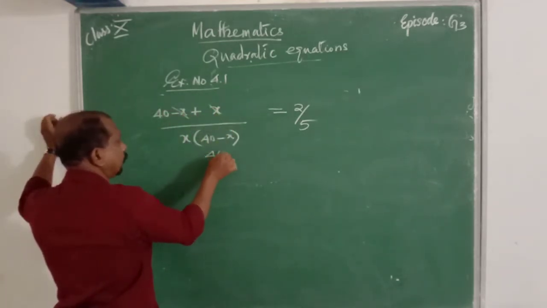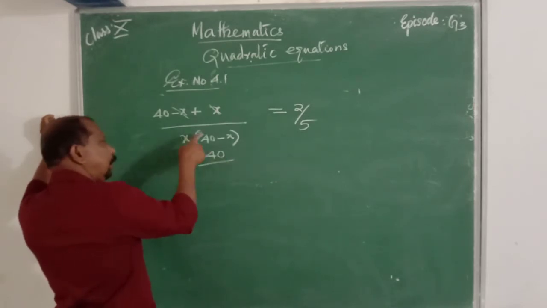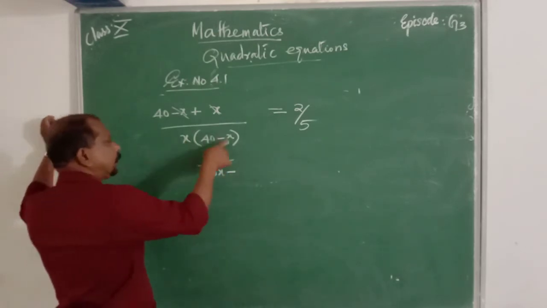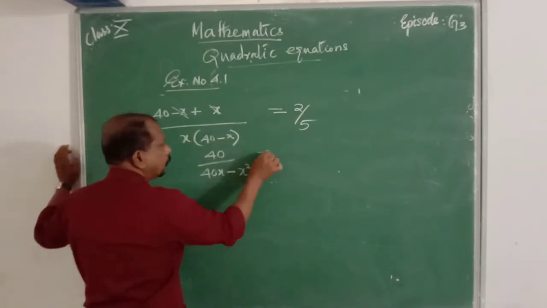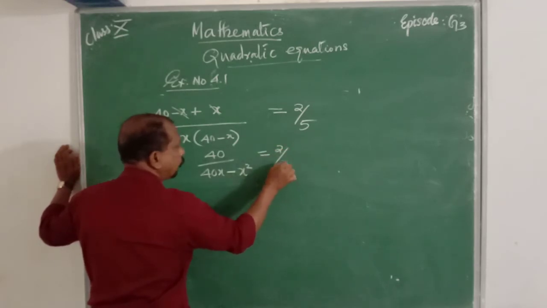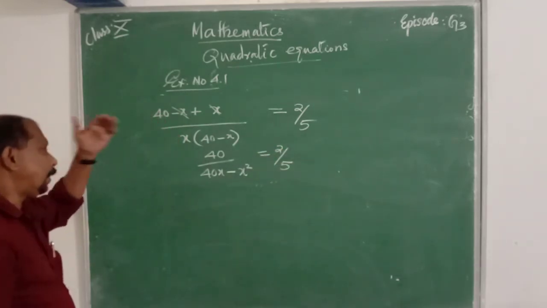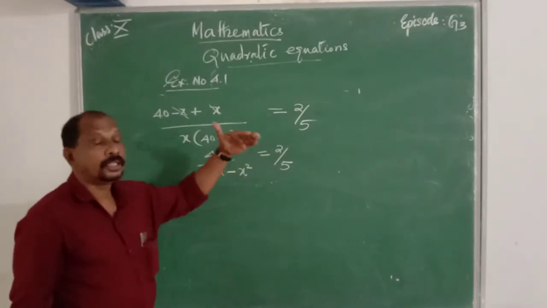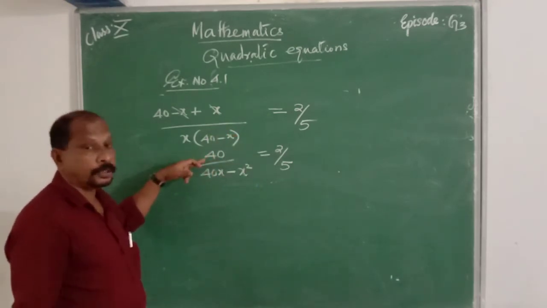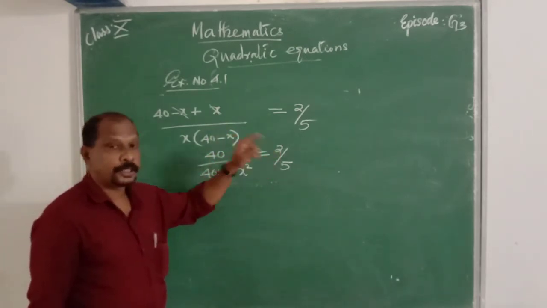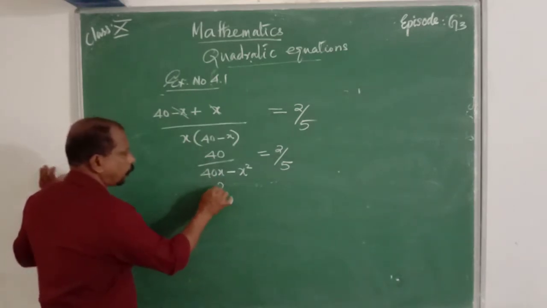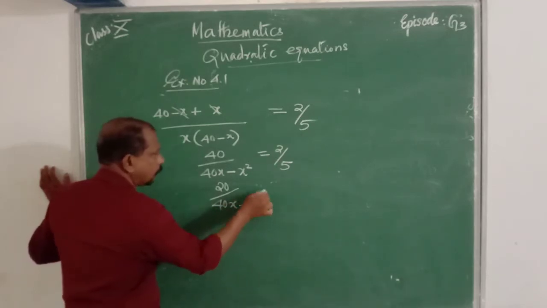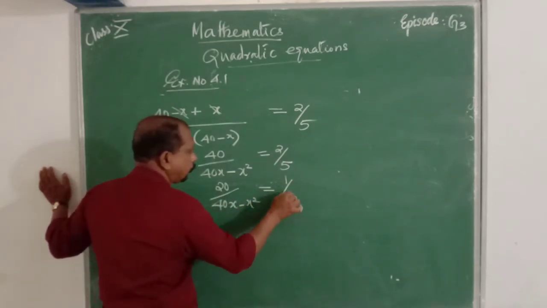Then 40 by x into 40, 40x minus x into x, is equal to 2 by 5. Then on the left side the numerator is 40, on the right side the numerator is 2. Therefore, we can divide by 2. Therefore, 40 is reduced into 20 and 2 is reduced into 1. Therefore, 20 by 40x minus x square is equal to 1 by 2.